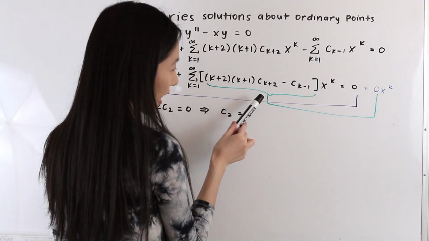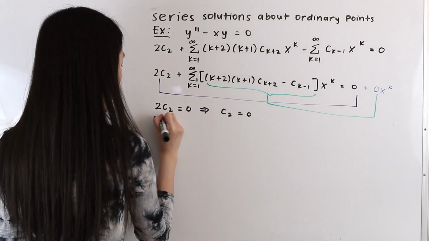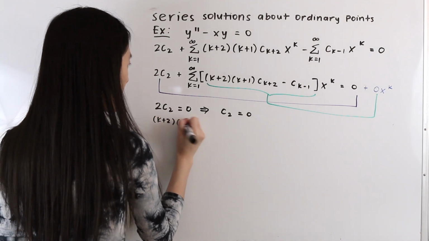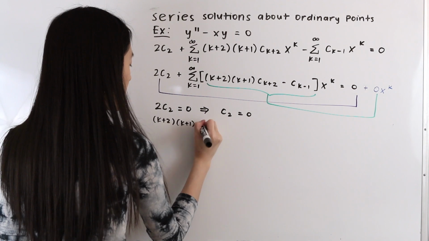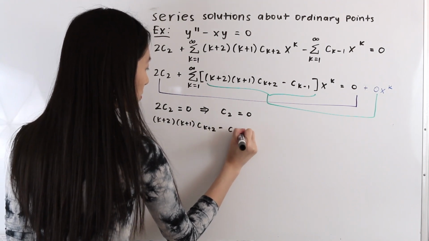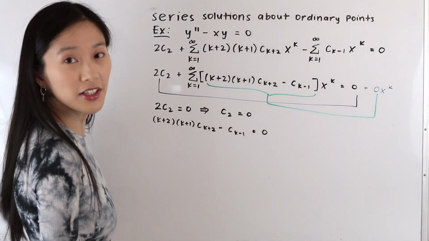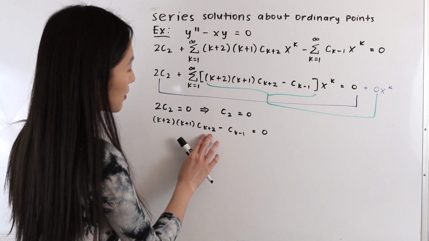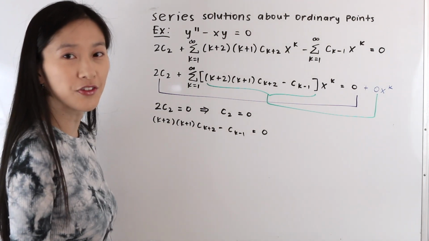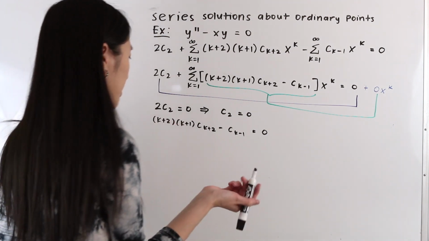And for the x to the k coefficient, we know that k plus 2 times k plus 1 times ck plus 2 minus ck minus 1 is equal to 0. So what we want to do here is solve for ck plus 2 because we want our higher coefficients in terms of our lower coefficients. So let's go ahead and solve for ck plus 2.